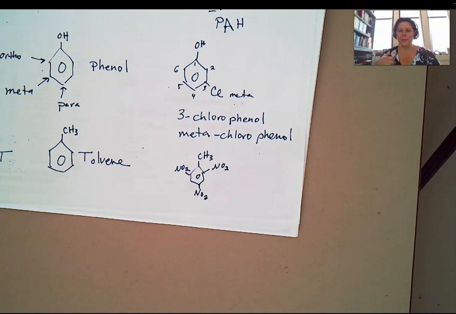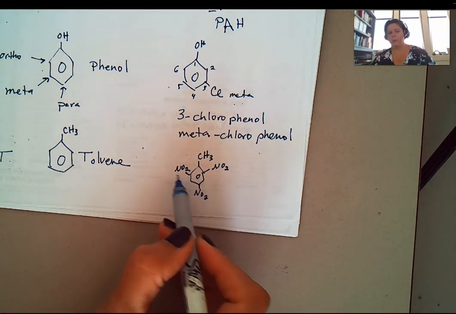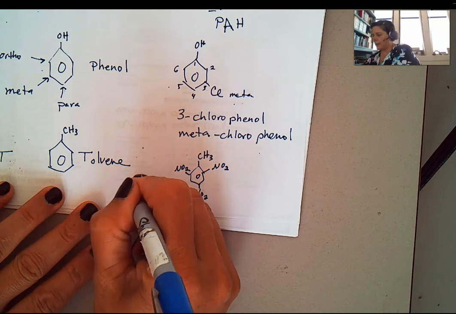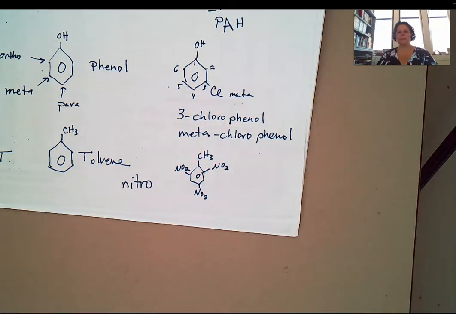Okay, so we'll give you a little bit of time here. Okay, so I'm going to give you guys a little bit more of a hint here. When we have a little functional group of a nitrogen coming off of that, we refer to that as nitro. So now that you know that those are nitro, how many nitro groups do we have? 3.